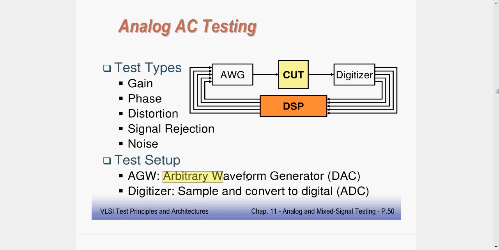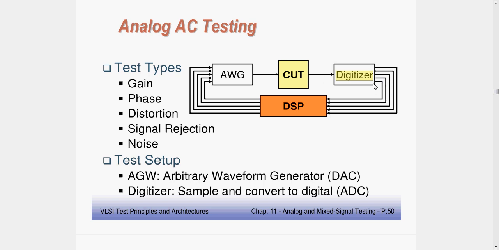What is the function of the arbitrary waveform generator? It generates random waveforms and applies them to the CUT, the circuit under test. What is the digitizer? The digitizer generally consists of a sample and hold circuit, which is then connected to an ADC, analog to digital converter.